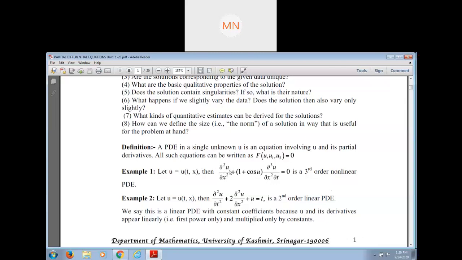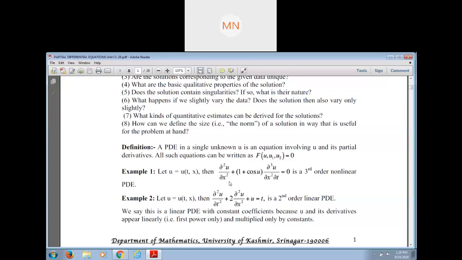In some cases it is written as u suffix x, which denotes the partial derivative with respect to x. If we write u suffix y, it is the partial derivative with respect to y. You can also write u dash x. These are partial derivatives. Del u by del x also denotes a partial derivative.